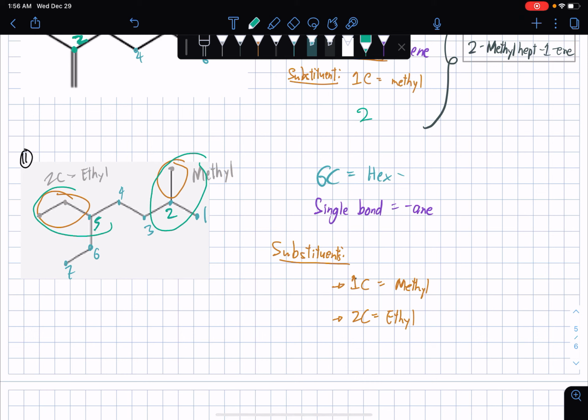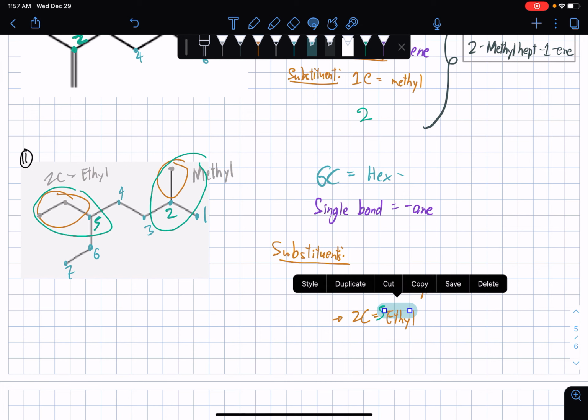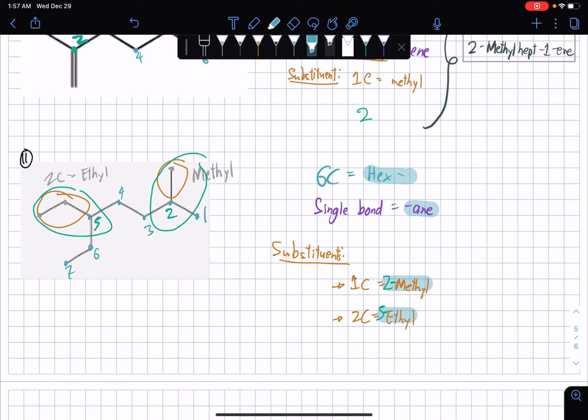For ethyl, we have the carbon 5. So let's just place it here. For methyl, we have 2-methyl. We just place 2, then the dash. For ethyl, we place 5 at the front, and place a dash. So this is going to be part of the IUPAC naming later. Let's prepare. Let's gather all the necessary information. And we have hex and ane.